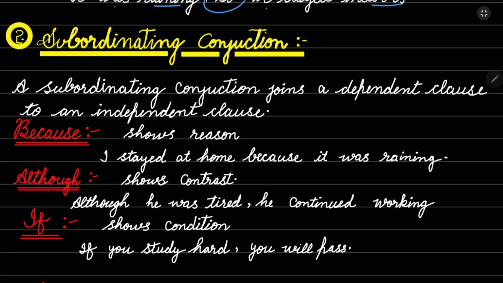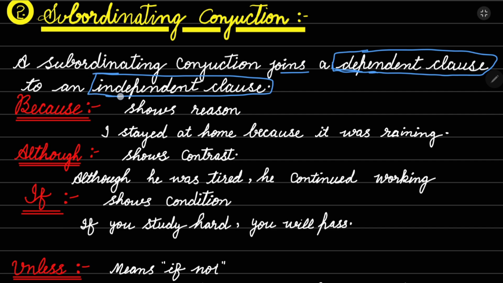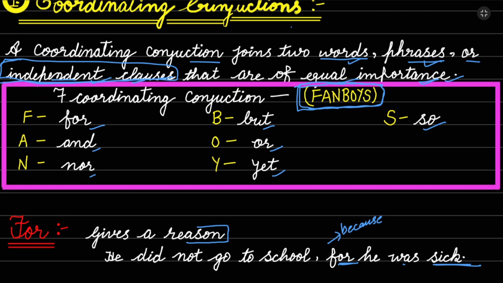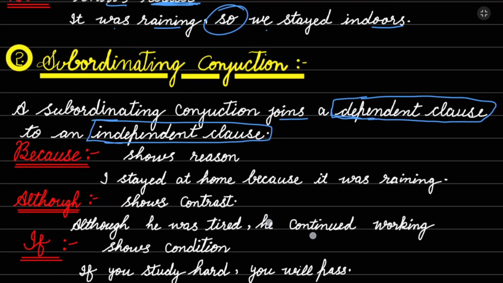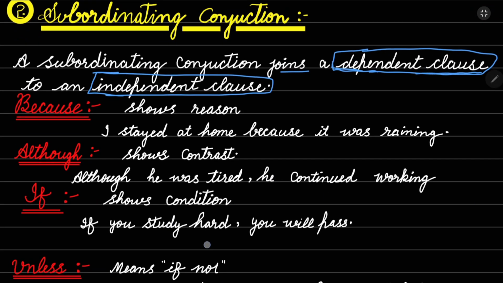Next is subordinating conjunction. A subordinating conjunction joins a dependent clause to an independent clause. In the coordinating conjunction we have two independent clauses, but in subordinating conjunction we have one dependent clause and one independent clause.